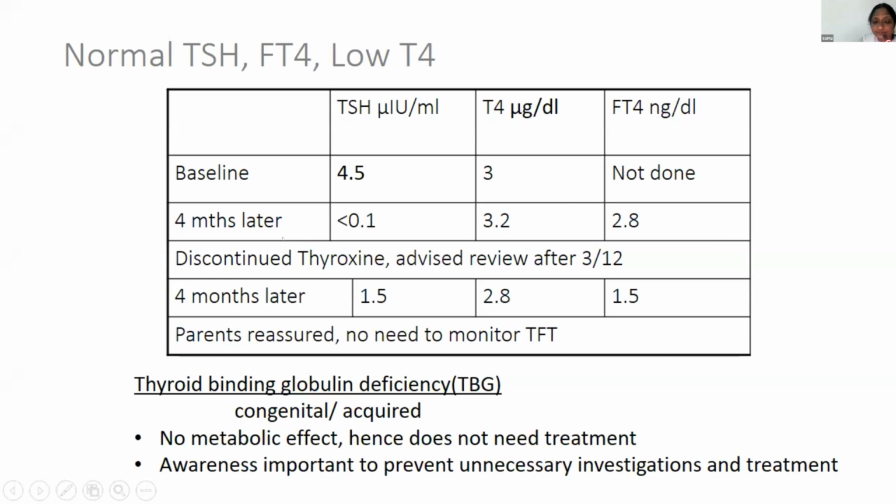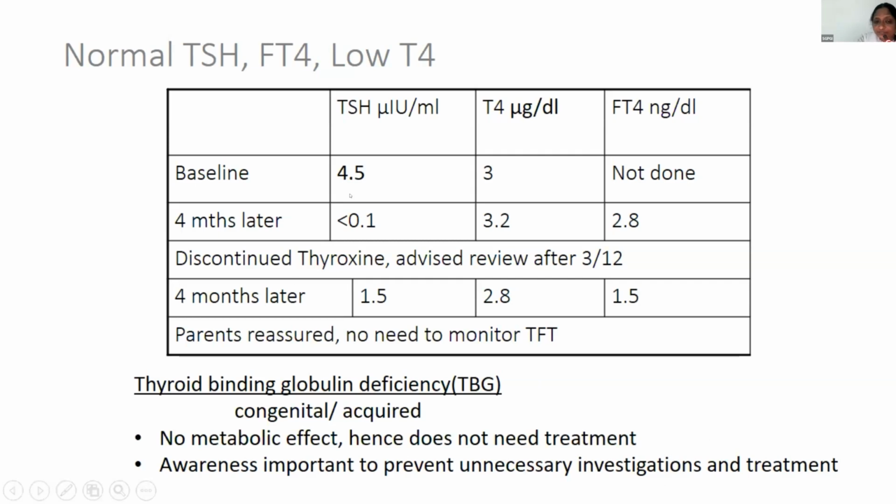And thyroxine was discontinued. 4 months later, both TSH and free T4 are again normal, but the T4 level continues to be abnormal. So this is a situation of thyroid binding globulin deficiency. Not common, but could be congenital or acquired. It's important to remember that there is no metabolic effect, and this condition does not need treatment.